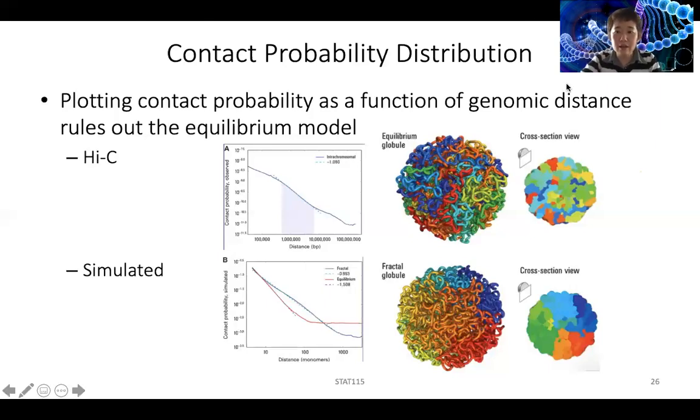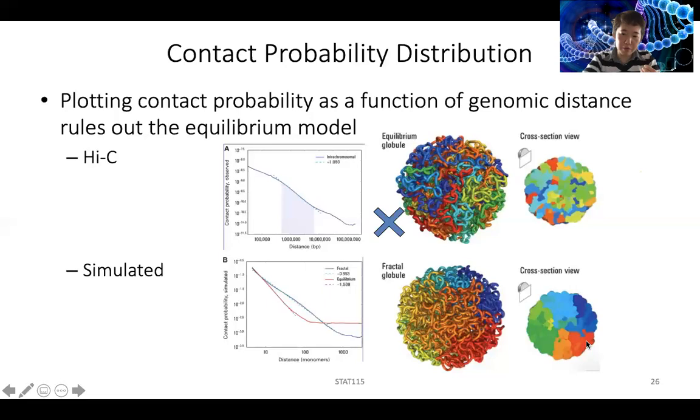And I see some questions. Sorry, this is just an example. You can imagine, for example, orange is chromosome 1 and red is chromosome 2.